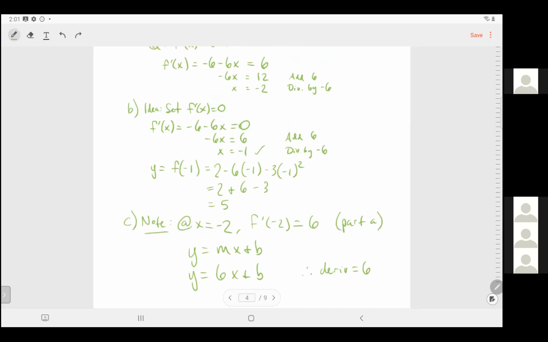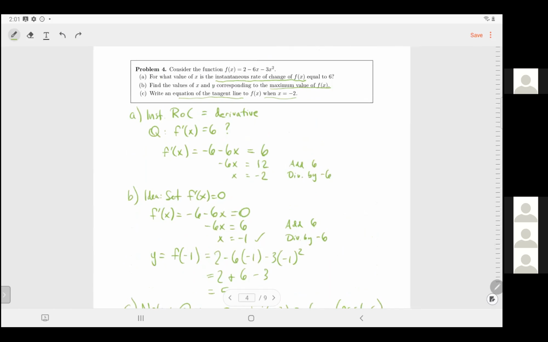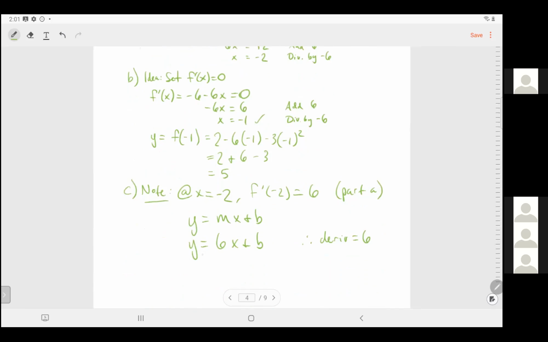So let's see. We're looking at x equals negative 2. So I could plug that in. When x equals negative 2, y equals, okay, again, I just have to plug in something. This time I can't leverage anything I've done in the past.